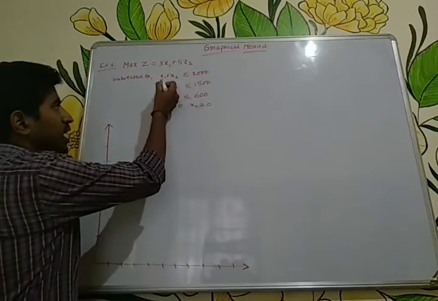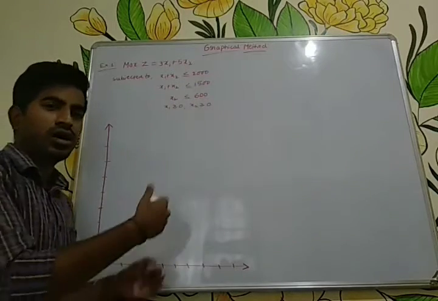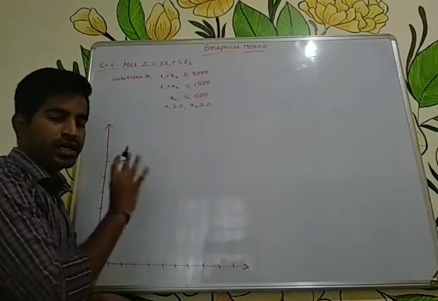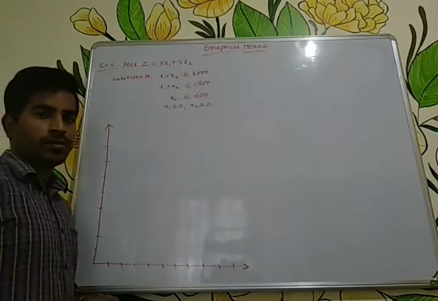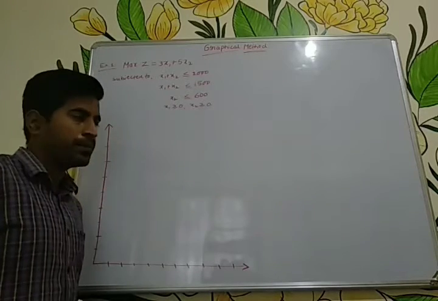Here x1 and x2 are the decision variables. There is no value apart from x1 and x2, and hence we have to apply the graphical method. So let us see how to apply the graphical method to get the solution to the given problem.